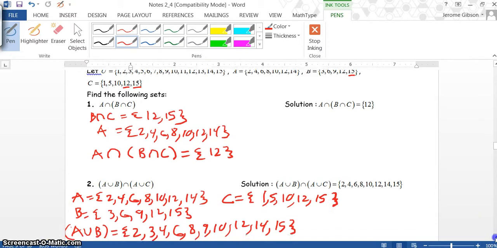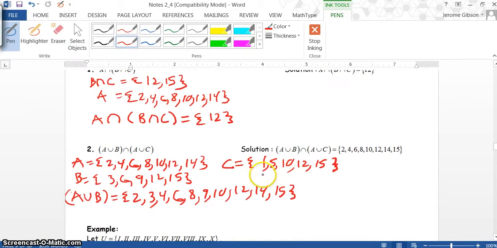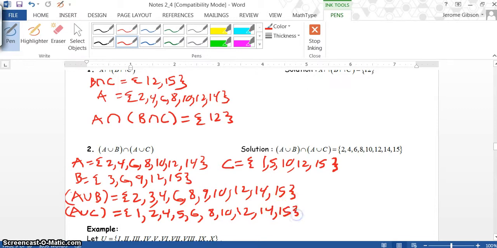Okay, now if we take A union C, we will have the values 1, 2, 4, 5, 6, 8, 10, 12, 14, and also 15.